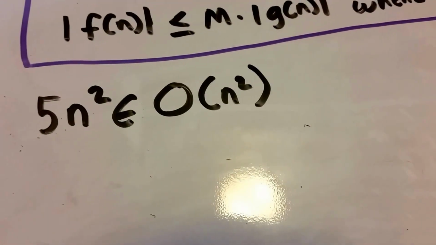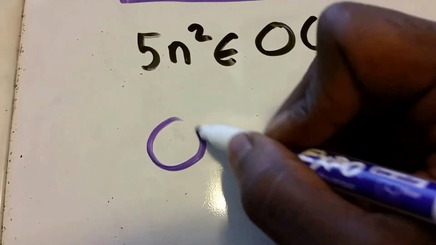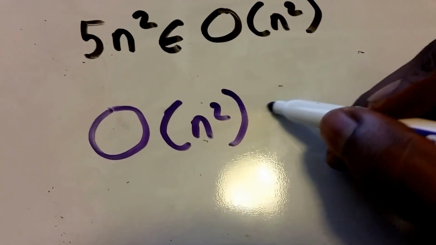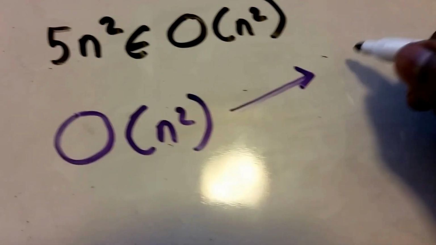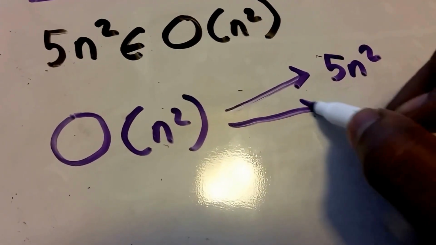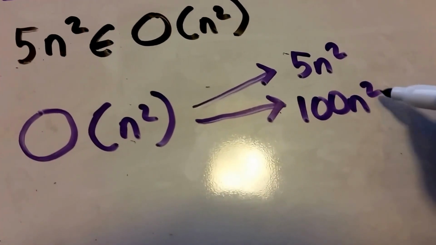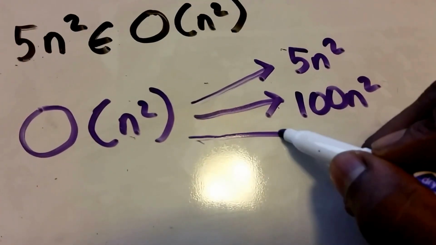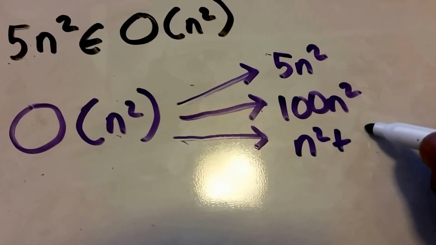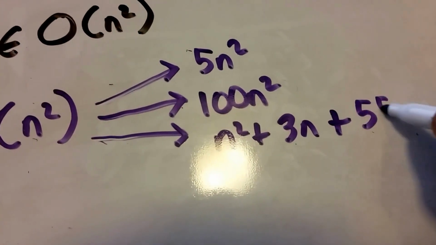So what this means is that our Big O of n squared contains, well, we know it contains 5n squared. It also contains, let's see, 100n squared, and it contains n squared plus 3n plus 55.